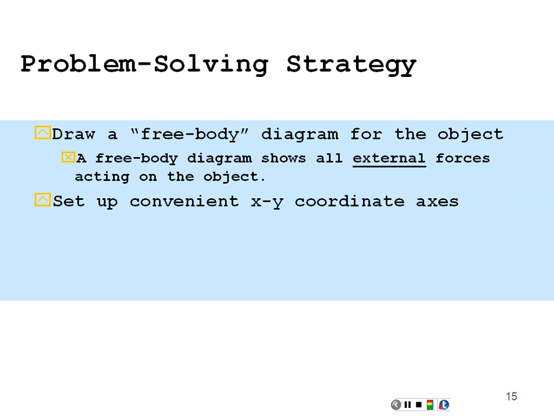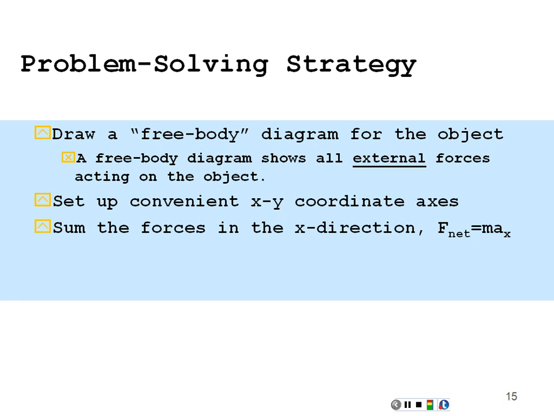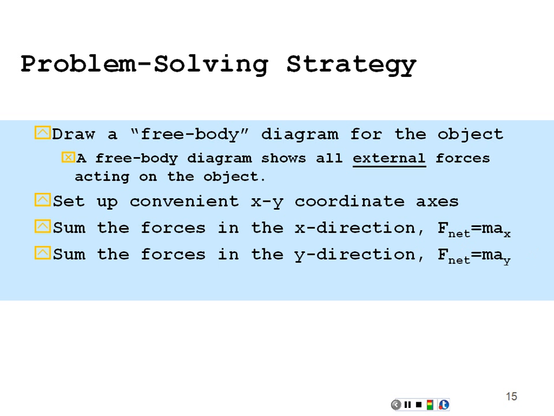We'll set up convenient x and y coordinate systems, sum up all the forces in the x direction, positive or negative, along the number line, and set those equal to mass times acceleration in the x direction. Sum up all the forces in the y direction, do that same thing, positive or negative, add them all up together, and set that equal to mass times acceleration in the y direction. Solve these equations for our unknowns, and that will be our basic problem-solving strategy.